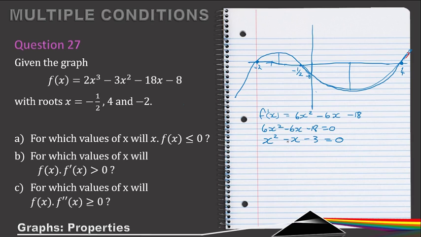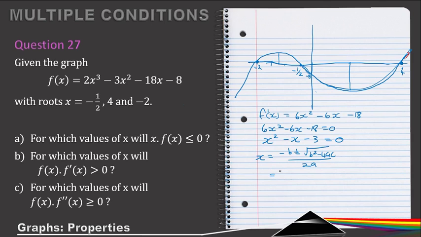Now, are there factors of -3 that add to give me -1? This one can't factorize, so I need to use the quadratic formula. We have x equals minus b plus or minus the square root of b squared minus 4ac, over 2a.